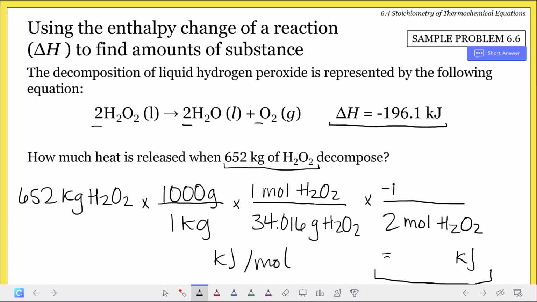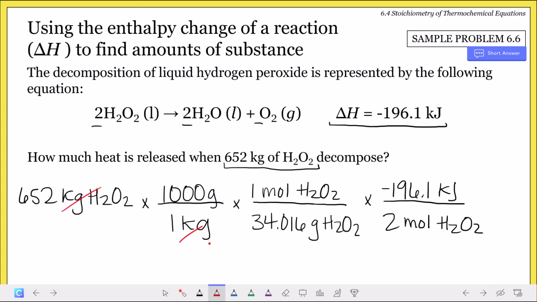Okay, so I have 196.1 kilojoules that are released if I have 2 moles of hydrogen peroxide being decomposed. In this case, I have a lot more than 2 moles being decomposed, okay? And I'm solving for this here. They told me I have 652 kilograms. I'm converting that mass into moles, and then I'm using this sort of enthalpy ratio from my balanced equation. So I went from kilograms to grams using the respective conversion factor.